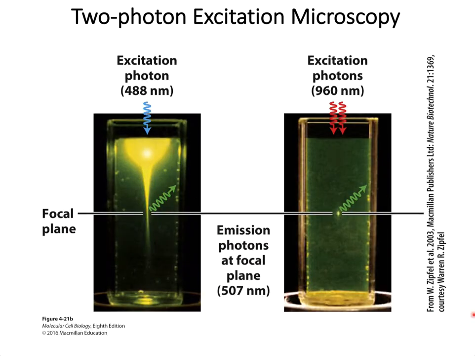So here is a comparison of conventional confocal microscopy with two-photon excitation microscopy using a model. The model is two glass cuvettes with some kind of fluorescent material in them. As you can see on the left, the excitation wavelength of 488 nanometer high energy is causing a large amount of background by producing a cone of excitation outside the focal plane.